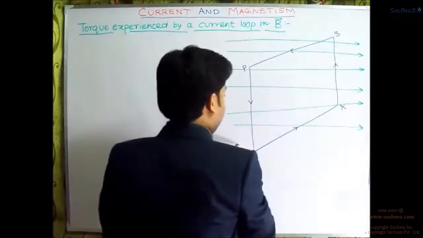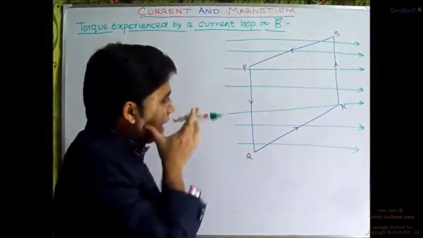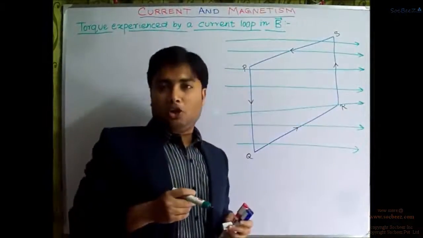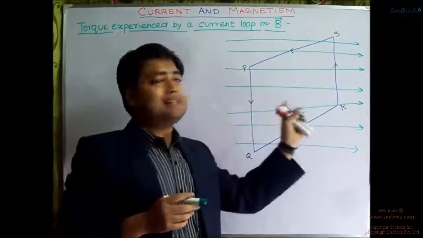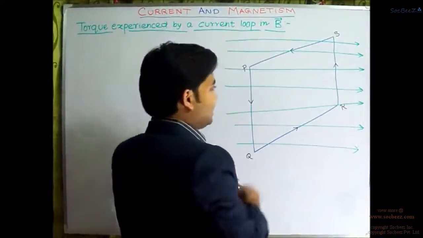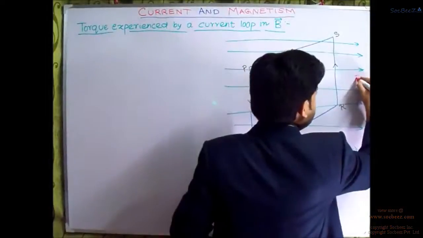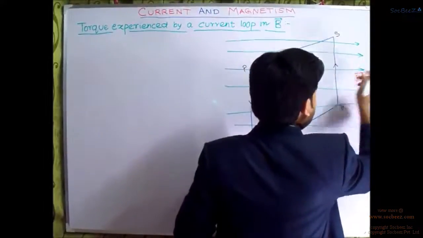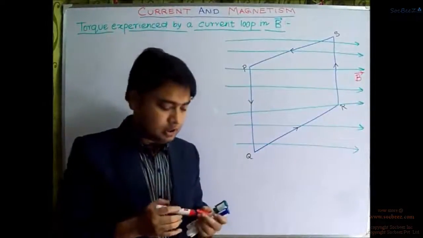This is a uniform magnetic field, and these are the lines which show that these magnetic lines are flowing. This magnetic field is represented by B, which is known as the magnetic field intensity, right?